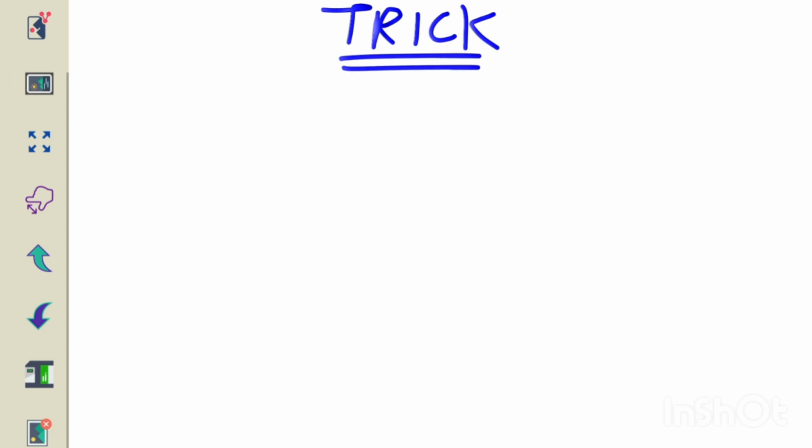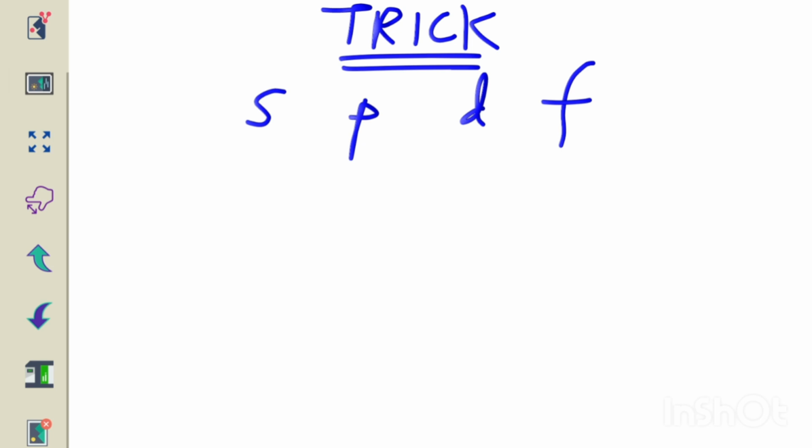Now come to the trick point: what is the easiest way to write the electronic configuration without undergoing the vertical filling? So first, as I already told you, S, P, D and F, 4 orbitals will be there.